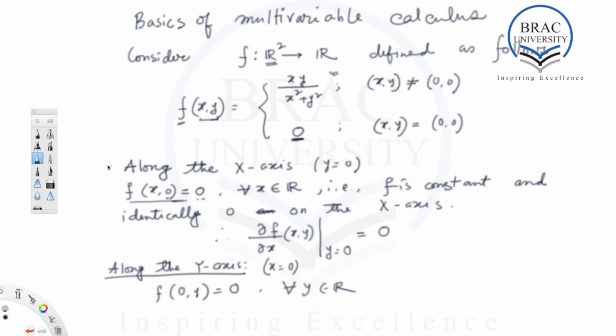The function is identically 0 along the y-axis, therefore the derivative must also be 0, so that the derivative of f with respect to y on the y-axis, where x is identically equal to 0, is equal to 0.